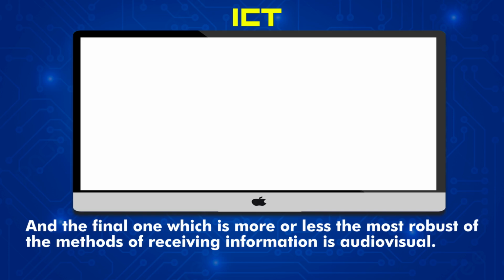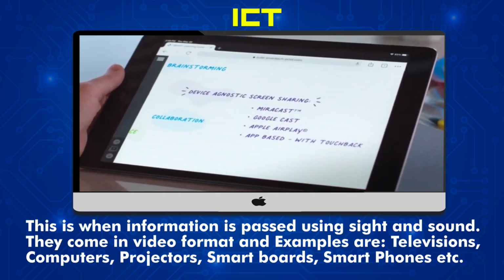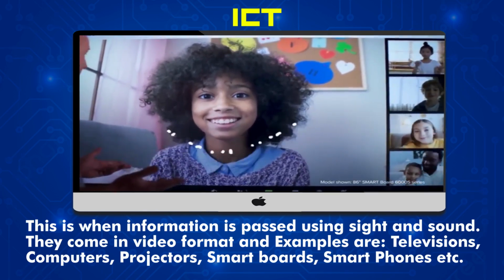And the final one, which is more or less the most robust of the methods of receiving information, is audiovisual. This is when information is passed using sight and sound.